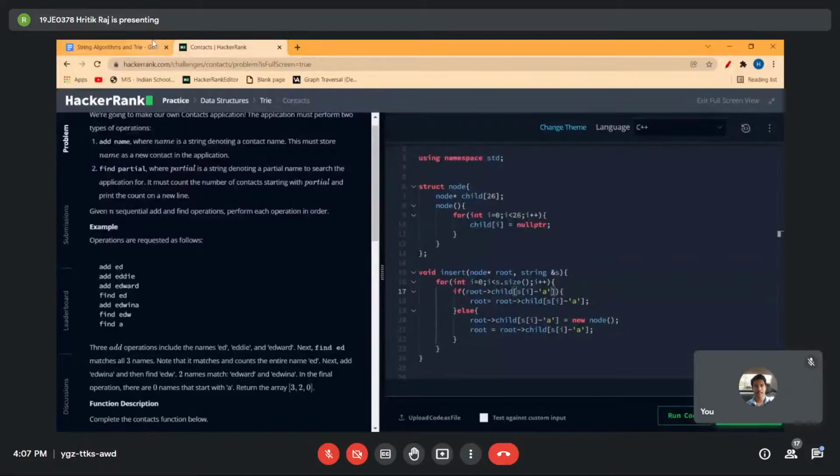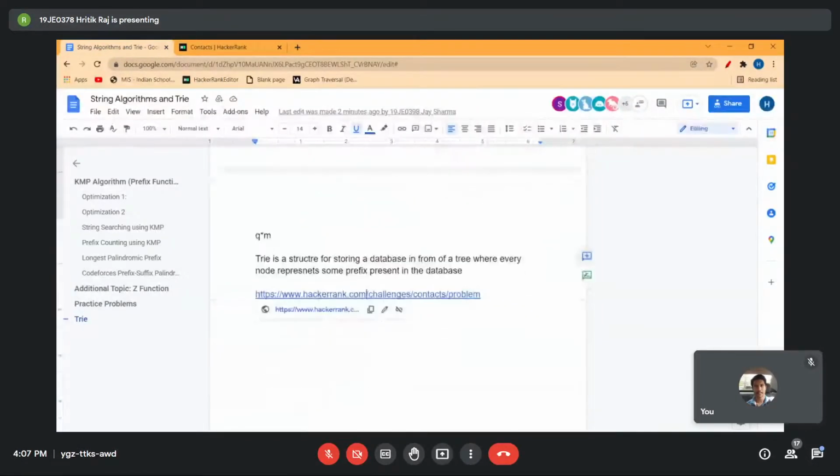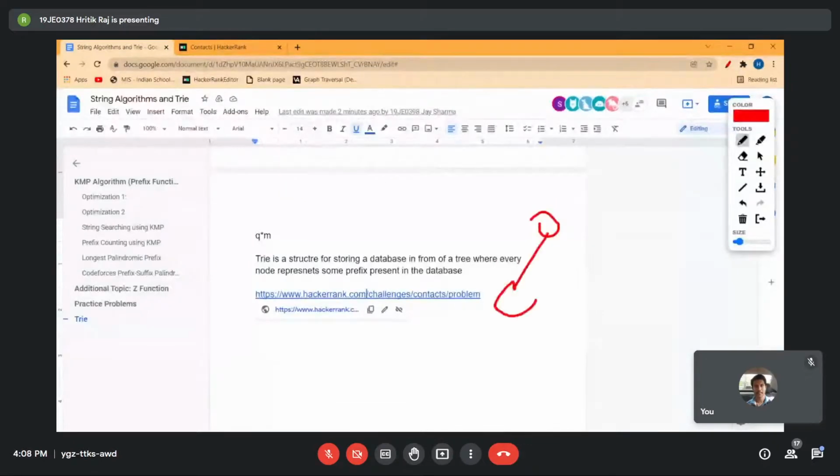Suppose in between the operations, you have already inserted some of the nodes. Currently we have only AB present in the database. Now we are inserting ABC.